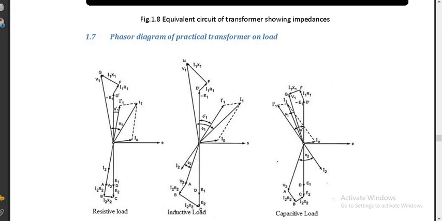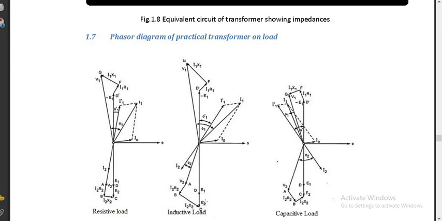Over here you can see this is E1 and E2. Again we have shown V2 like this, lagging by a certain angle, and now V2 and I2 are not in the same phase, but I2 is still lagging behind by a certain angle, and that is phi 2. Then exactly parallel to I2 it will be I2 R2, exactly 90 degrees to it will be I2 X2, and this will be I2 Z2, so that I can say V2 plus I2 Z2 is equal to E2.